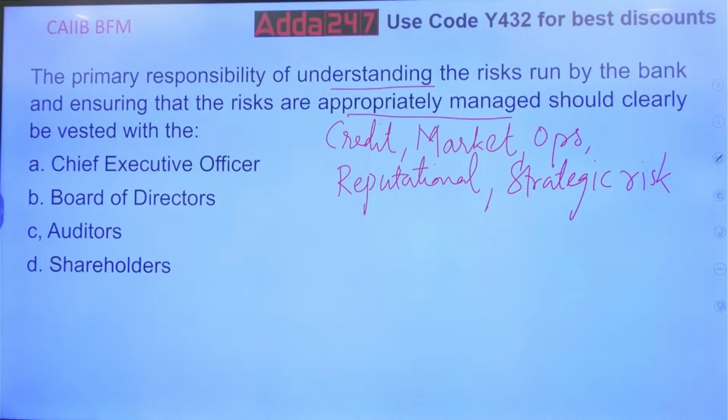Is it board of directors? Yeah, the fight is between two only: the board of directors and the CEO.